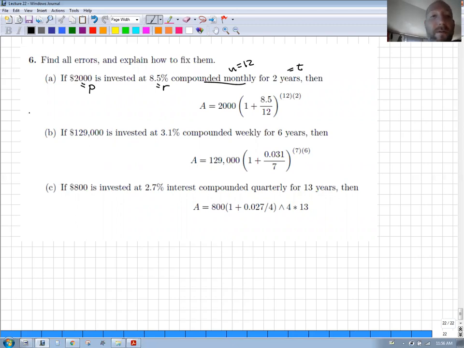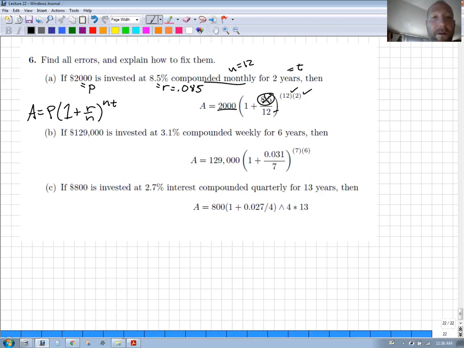So our amount is P times (1 plus R over N) to the NT. So yeah, they have this right. 1 plus, this is wrong, right? R is 0.085. They just put 8.5 in there. But N is 12. And then they have NT. So yeah, they just messed up on the rate there.